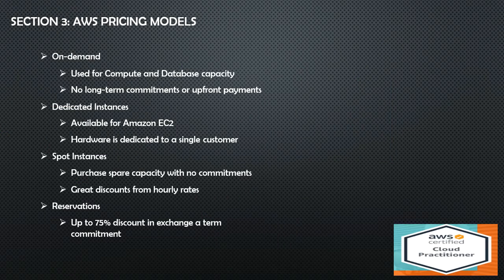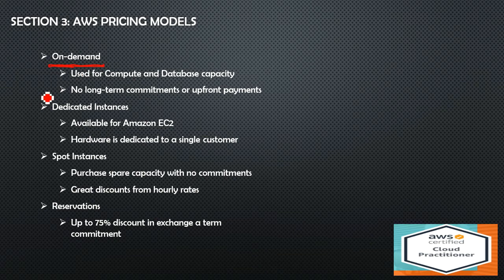So this is about the AWS pricing models. The AWS pricing model is quite flexible. The first thing is on demand. If you don't want any VM to be running, you shut it down and you don't need to pay any penny for that.